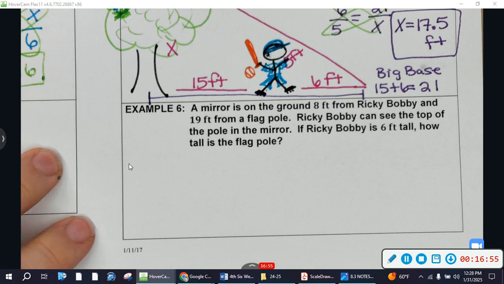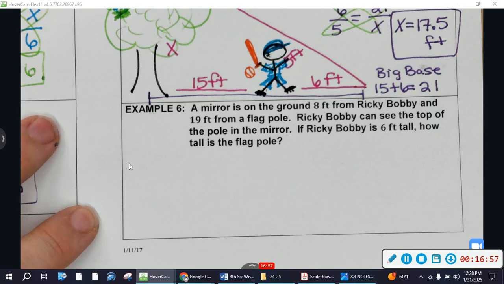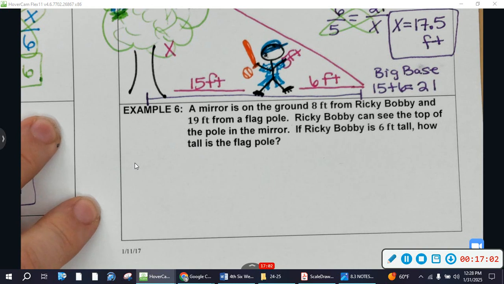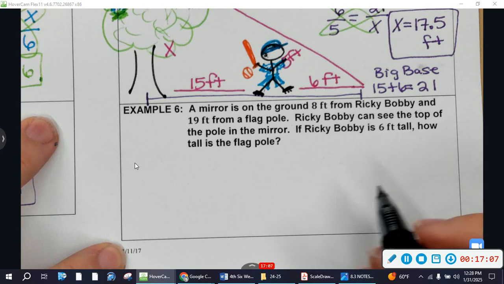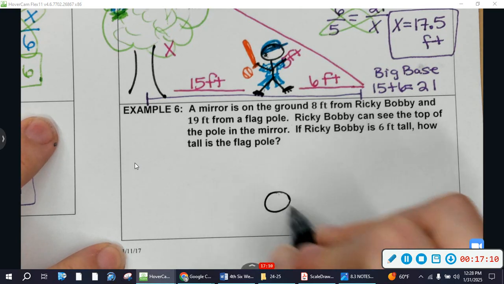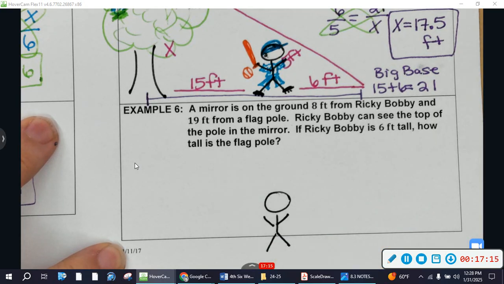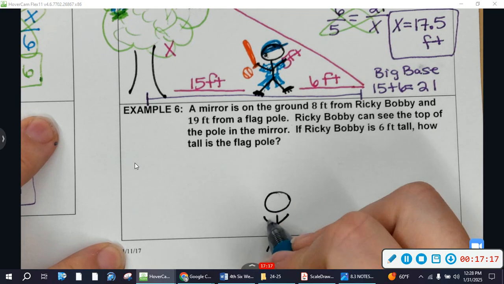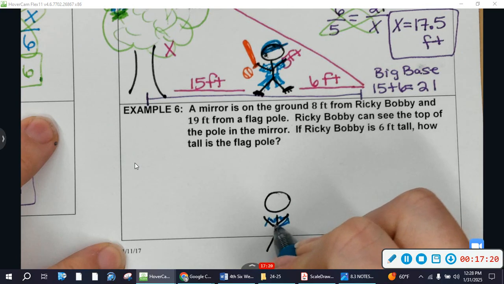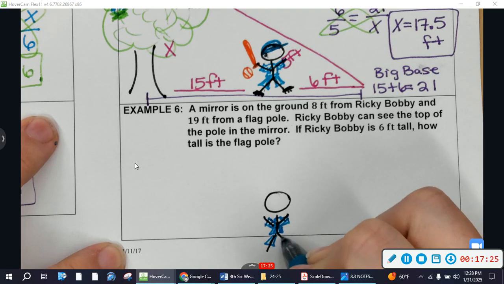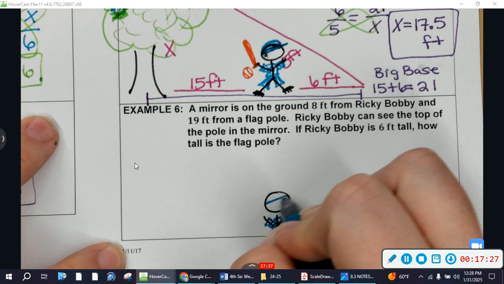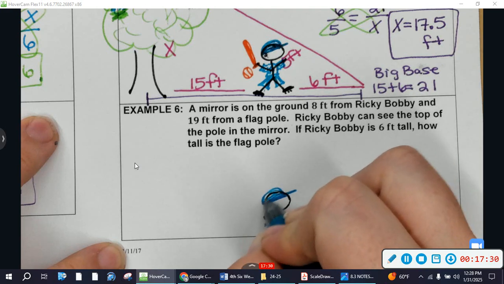Last, we've got a mirror on the ground, 8 feet from Ricky Bobby and 19 feet from a flagpole. Ricky Bobby, anybody ever see Talladega Nights? He is a race car driver. I'm going to give him his clothes. He's a race car driver, so he's going to have a hat too.